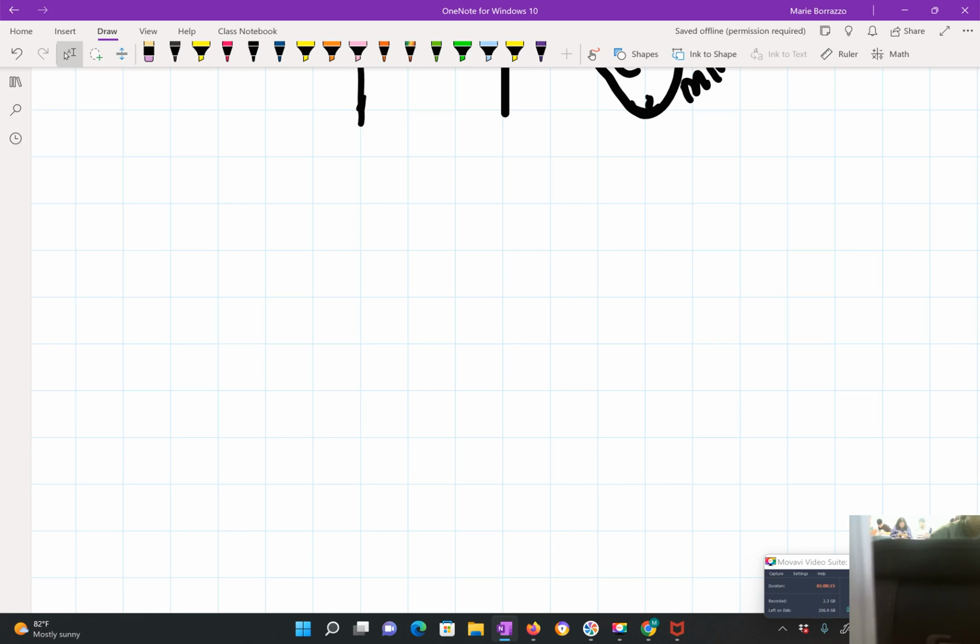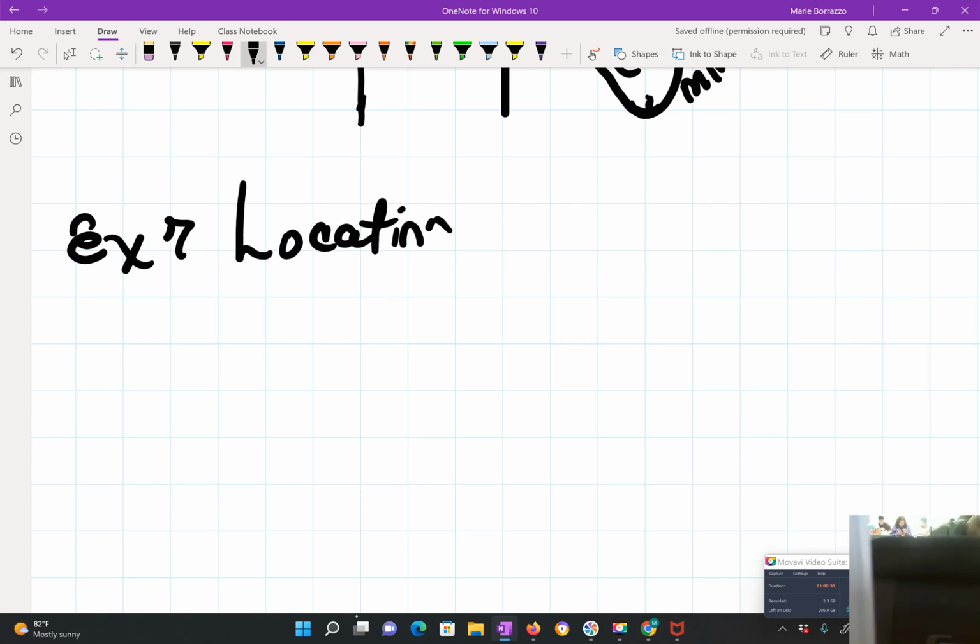All right, so all you're going to do in example 7 is finish example 6 off in theory, right? So example 7, we are locating the local extrema.